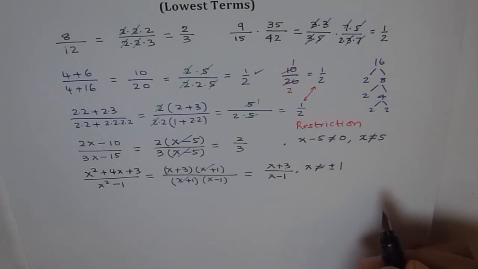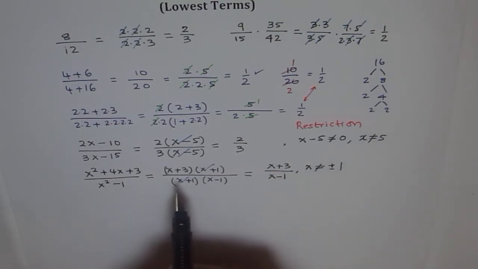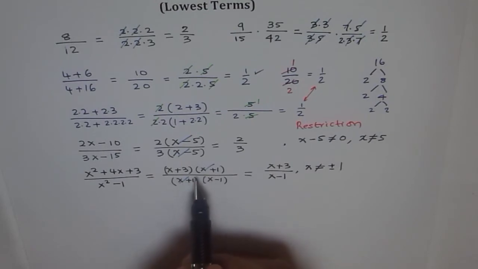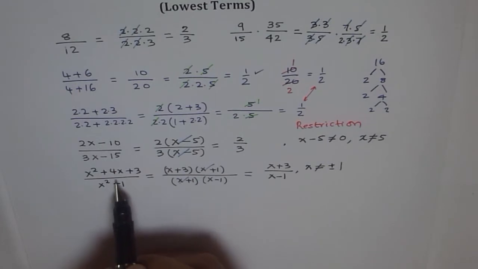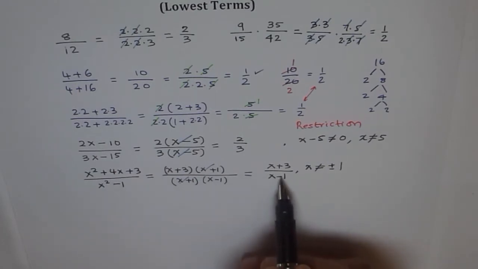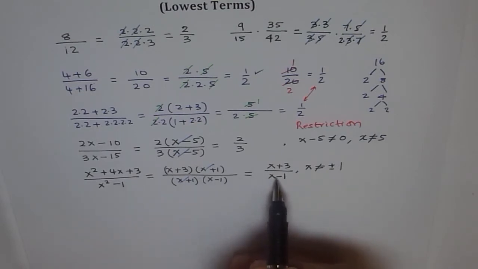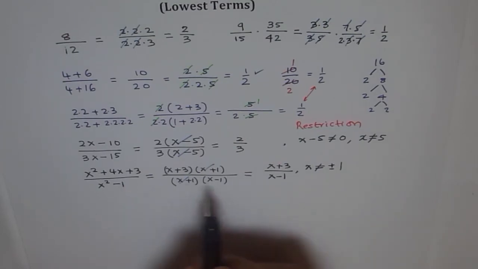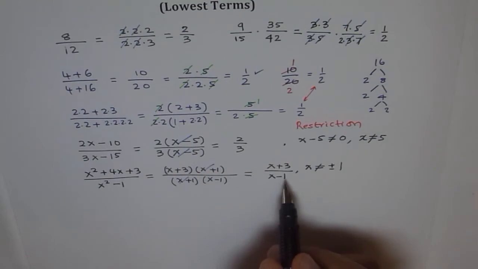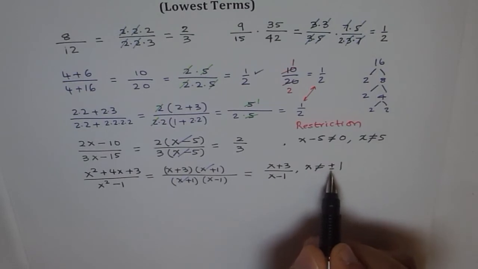Writing restrictions, and then writing in the simplest form. Otherwise, if I ask you a question, this is equal to this, perfect, and then we cancelled it out. This is equal to this, good job. But if I don't write the restriction, is this really equal to this? Think about it. Is this expression equal to this? Well, at times people will say yes, and that is again the third mistake. These two rational functions may look like the lowest term but are not equal unless, along with this, we write x not equal to plus minus 1.